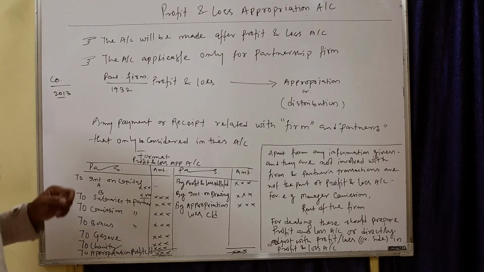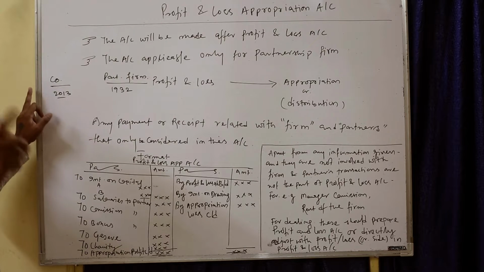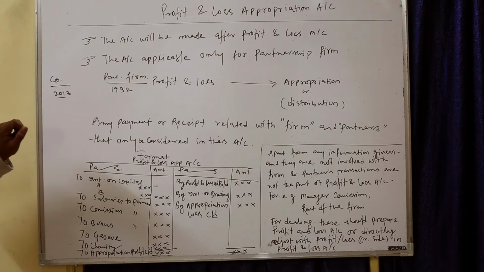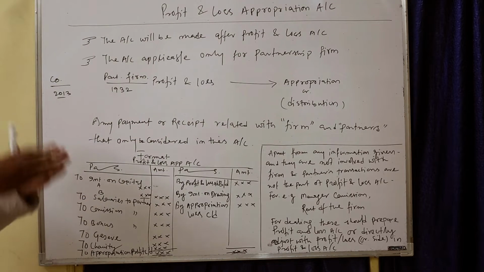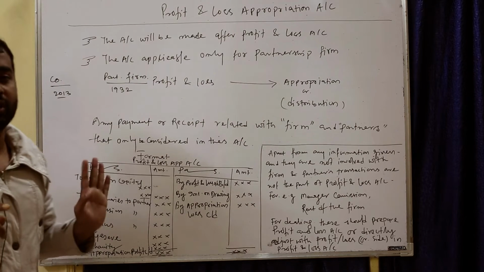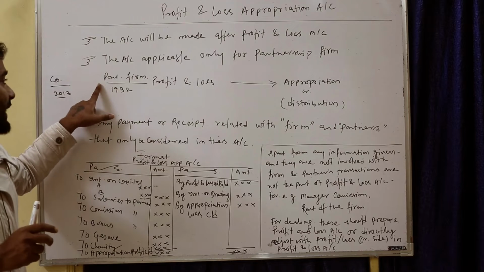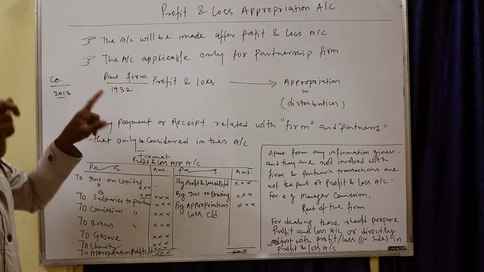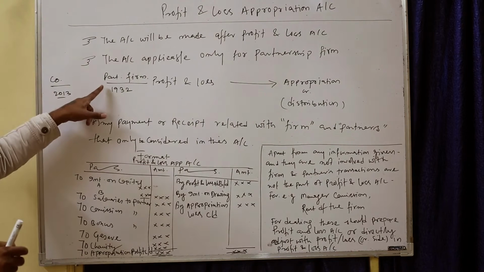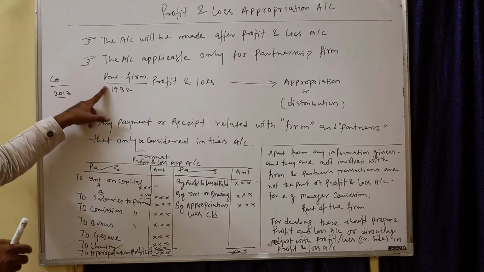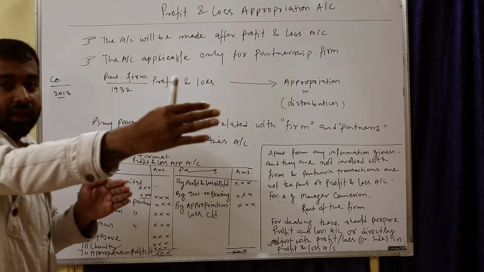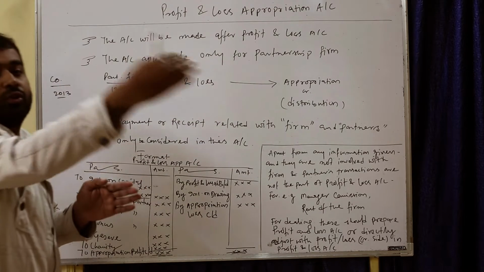So the profit the company earns is given to the shareholders in the form of dividend. Apart from the profit, the company does not give anything to the shareholders. But in a partnership firm, the partners also work in the firm, so the profit earned is not only shared as per the profit sharing ratio.